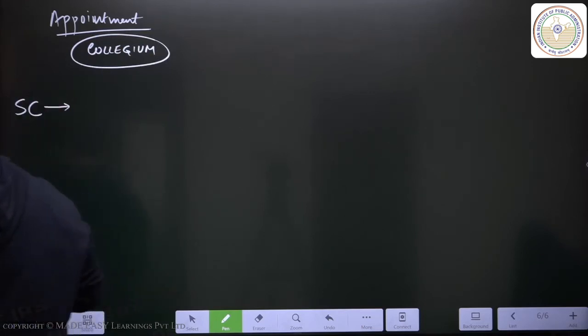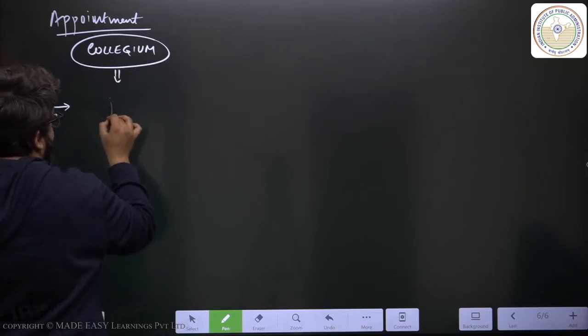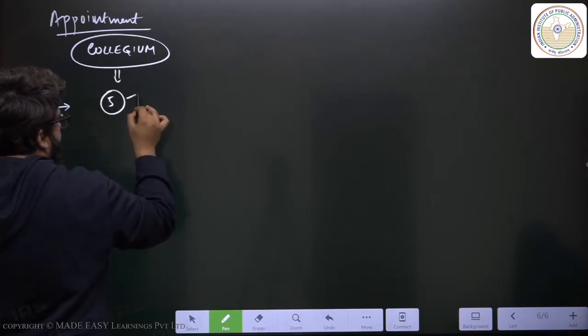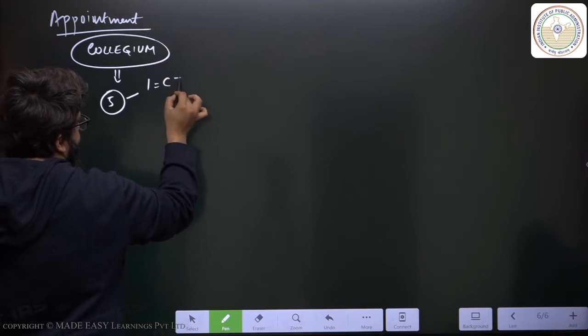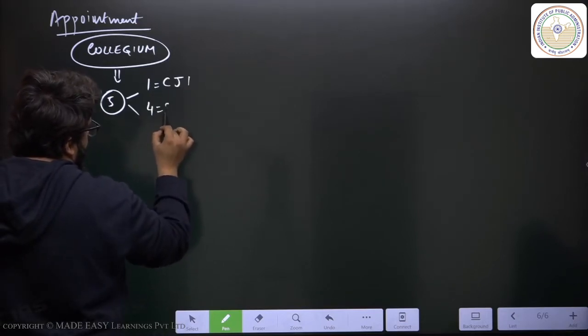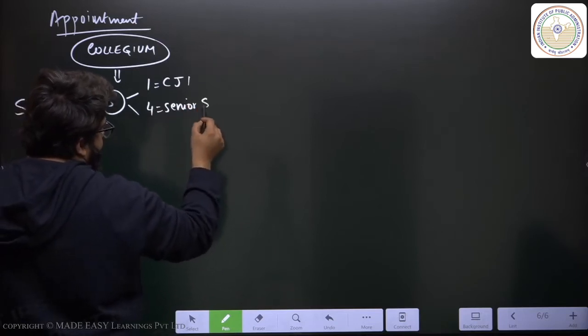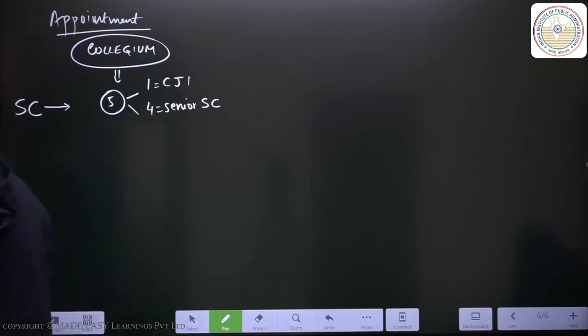Simple enough. There is a collegium of a total of 5 judges, wherein one is the Chief Justice of India and the other 4 are the other senior-most Supreme Court judges.